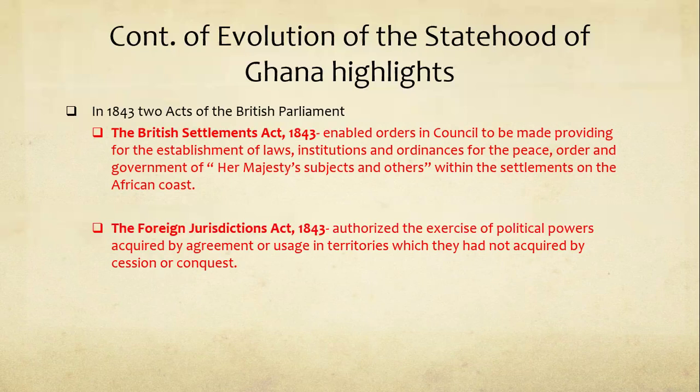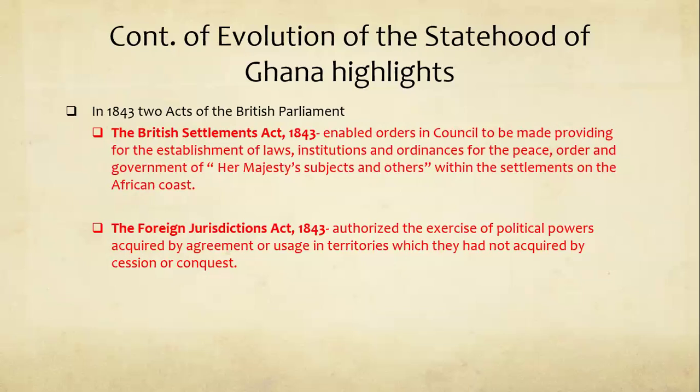Now, the British Settlements Act, as you have said, provided a legal basis for the colonial administration to make laws which, within the framework of the metropolitan legal system of Great Britain, would be recognized as having legal efficacy for purposes of governance in the colonial territory.